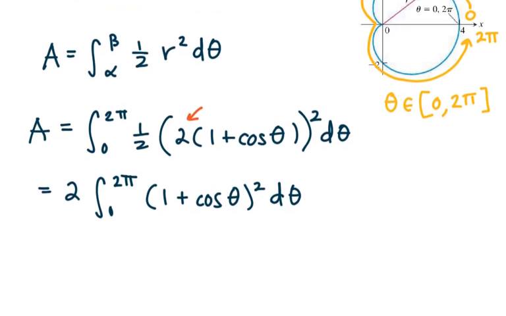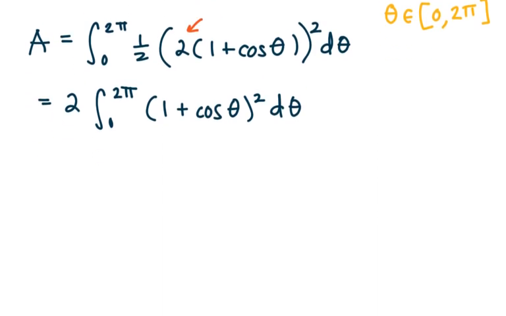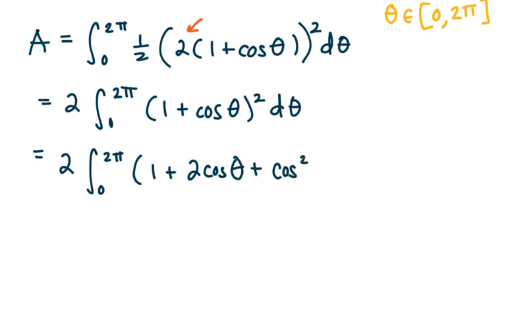So my integrand, I can square that, FOIL it. That gives me 2, the integral from 0 to 2 pi of 1 plus 2 cosine theta plus cosine squared theta d theta.